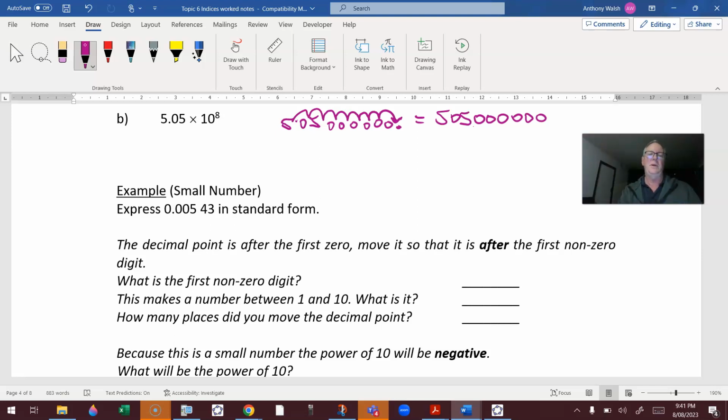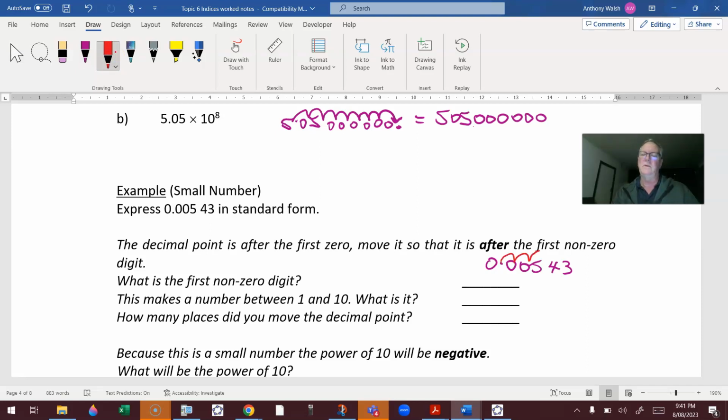Again, the decimal point is after the first 0. We move it so it's after the first non-zero digit. So that means I want to take, for example, this number, 0.00543. And I'm going to move the decimal point, which is there at the moment, so that it's after the first non-zero digit, the 5.